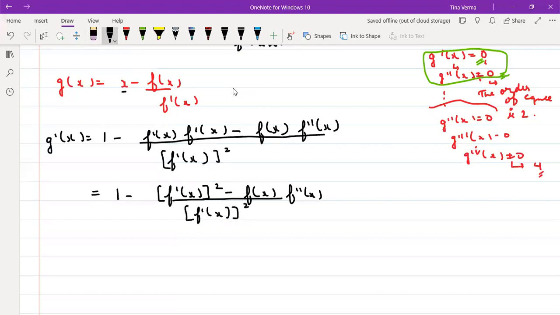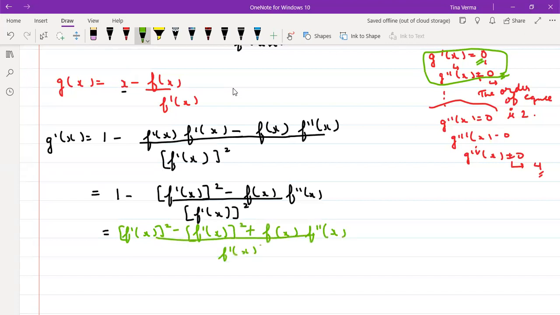If you solve this, the f dash x whole square will be cancelled out. The minus sign we consider as plus. So this becomes f dash x square minus f dash x whole square plus f of x, f double dash x, divided by f dash x whole square.